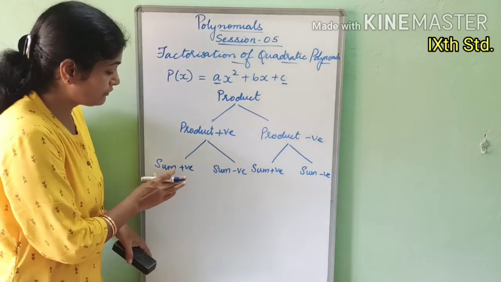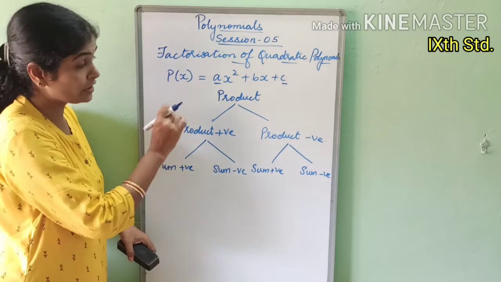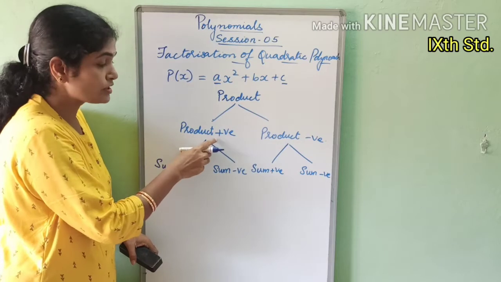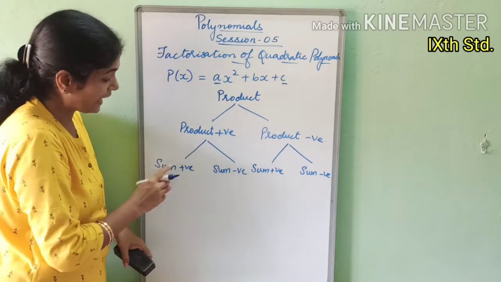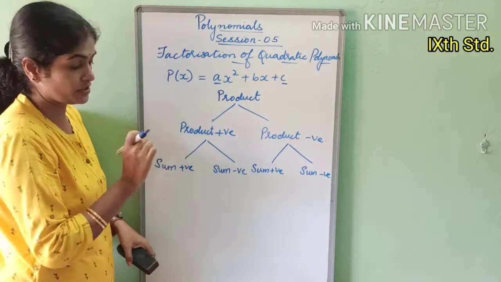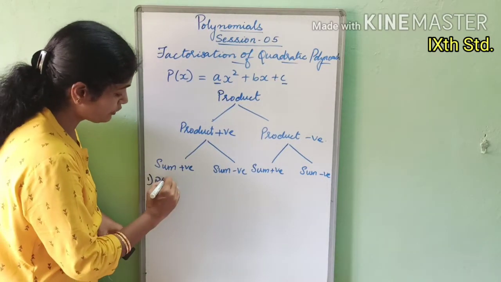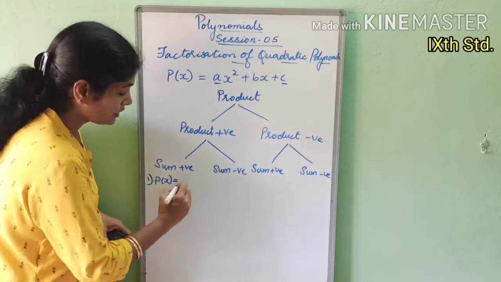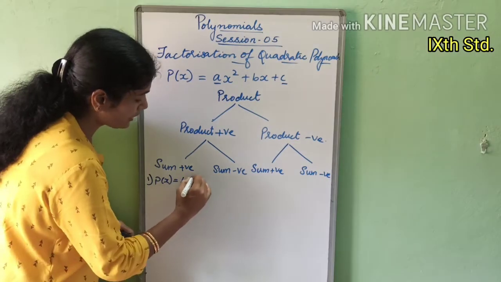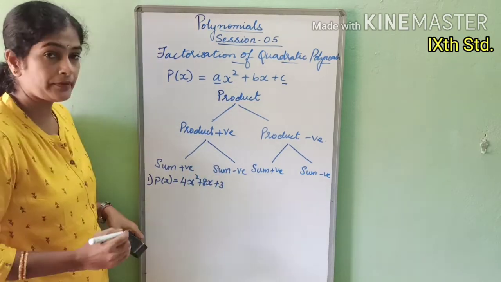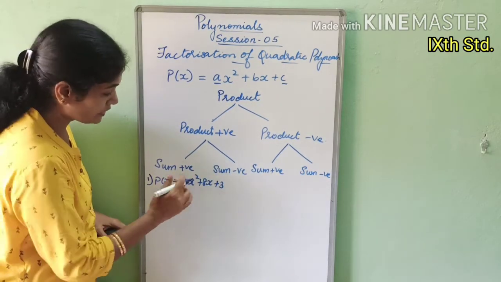First, we will consider a polynomial whose product is positive and the sum is also positive. For example, p of x is equal to 4x square plus 8x plus 3. What is the product?